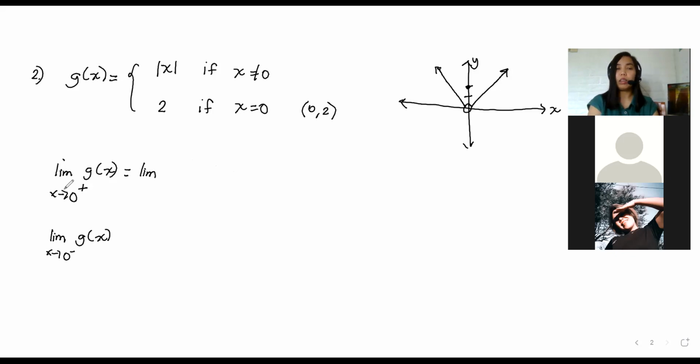0 from the right. 1 po, ma'am. Okay. So 0 from the right, we know that the definition for absolute value function, diba, na present ko na to last time, we have two meaning for this.